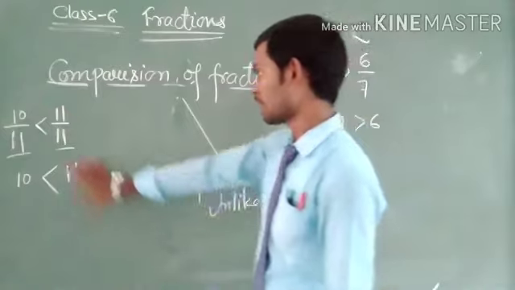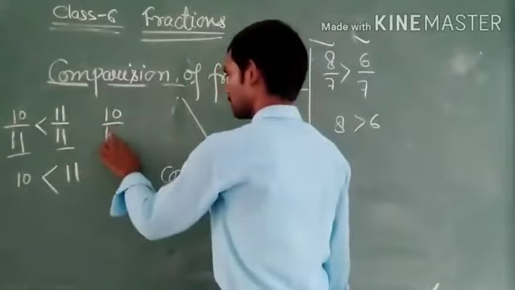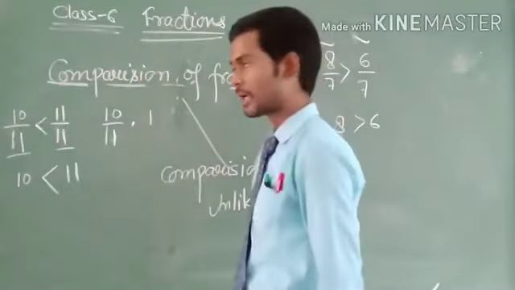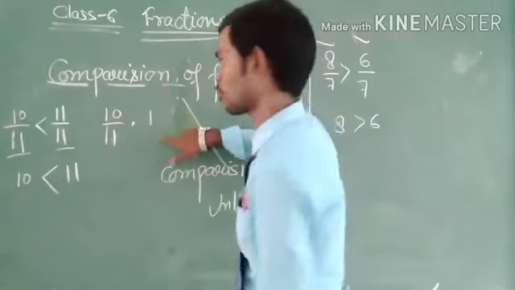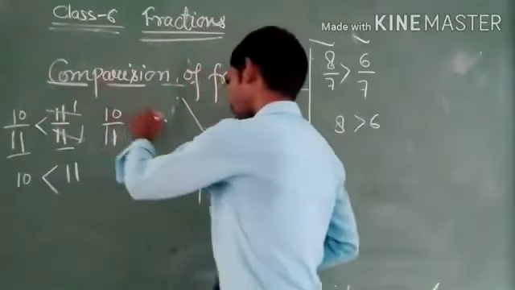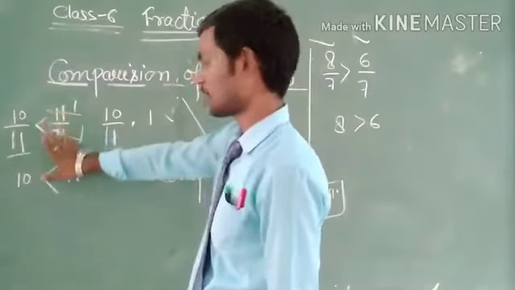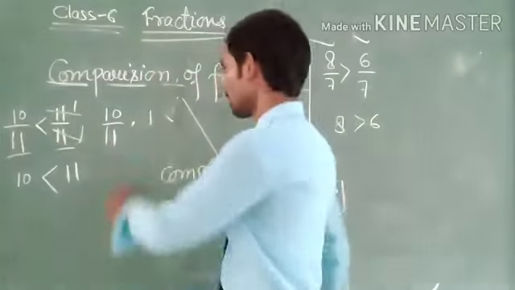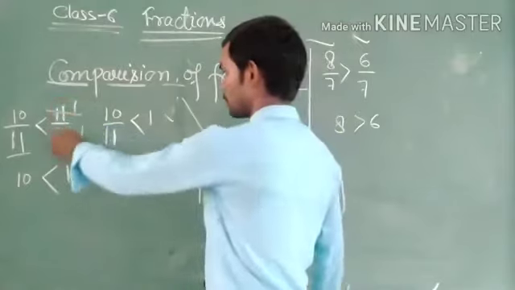Okay. Sometimes we can also write it like this: 10 upon 11 and 1. Sometimes 11 upon 11 can also be written as 1, because 11 ones are 11. Since we have seen that 11 upon 11 is greater than 10 upon 11, it is clear that 10 upon 11 is less than 1, because the value of 11 upon 11 is 1.